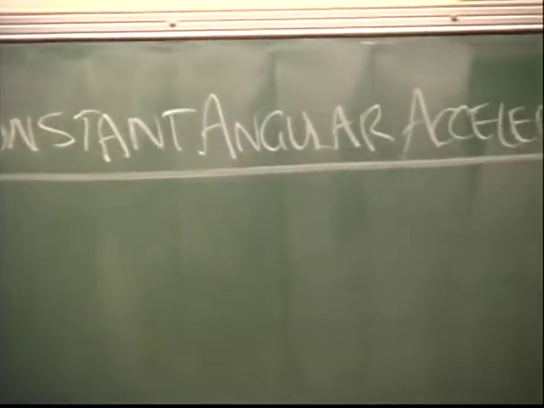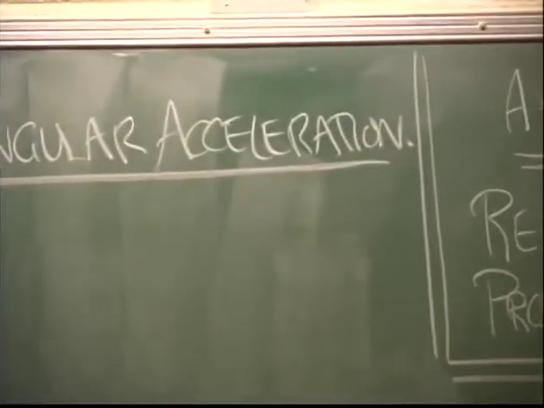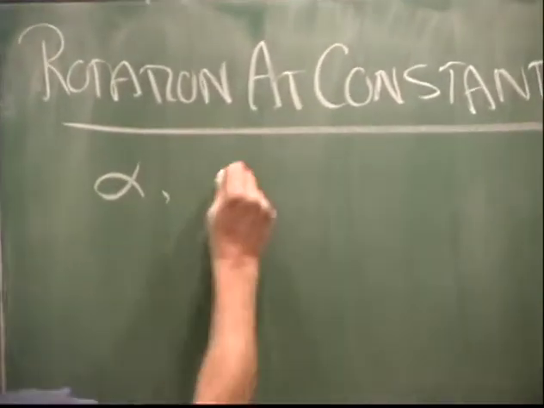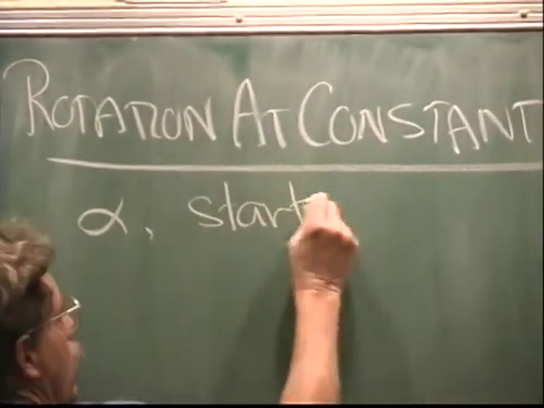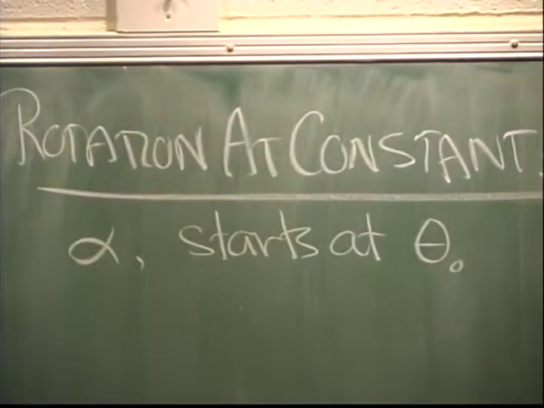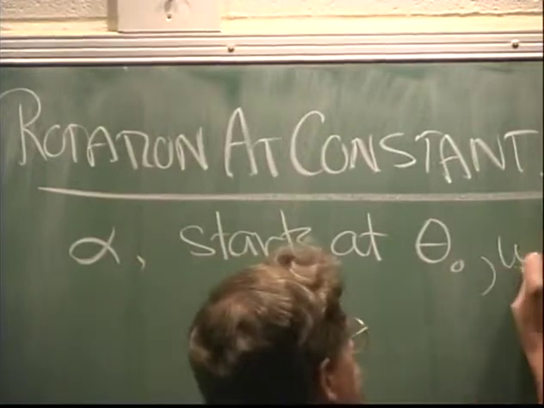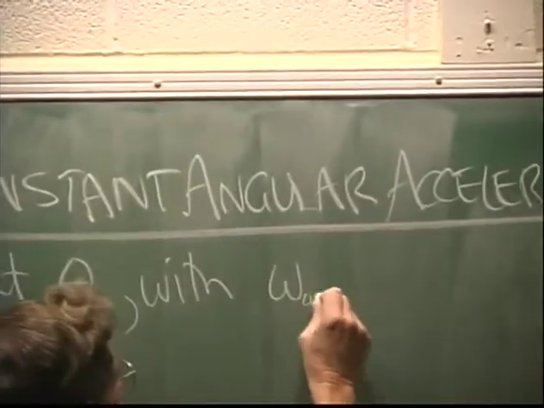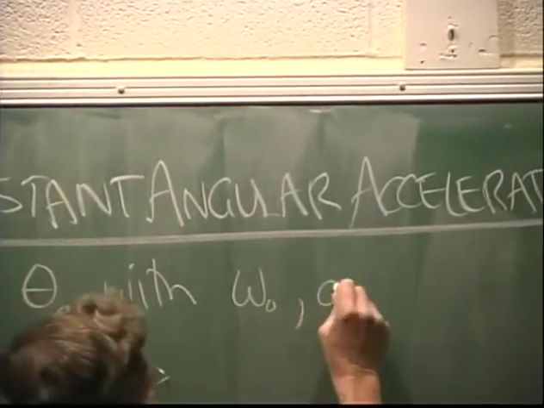Rotation at constant angular acceleration, so something is rotating at angular acceleration alpha, and let's say it starts at angular position theta 0 at time t equals 0, and with initial angular velocity omega 0.